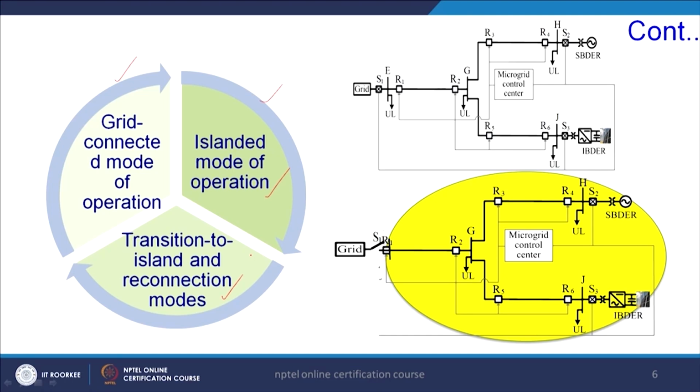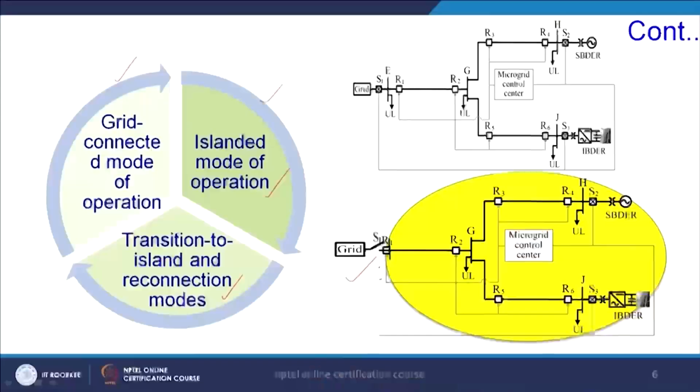After islanding the microgrid, we also have to reconnect it to the main grid, that is the transition to island and reconnection modes. As we have already discussed in one of our earlier lectures, if this particular switch is disconnected from the grid, then the microgrid system is islanded, and if connected, that is the grid connected mode.